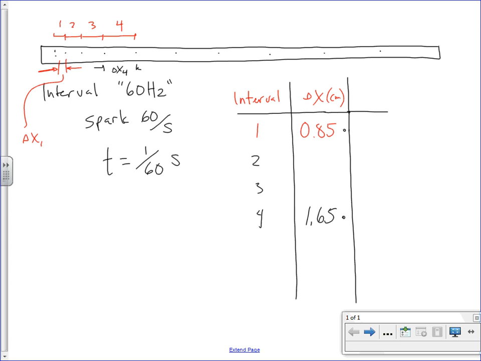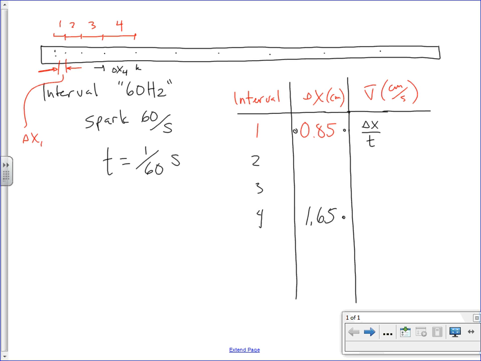Now, for this one, what we also want to calculate is V average, in this case in centimeters per second, for each interval. Okay? So again, that's just going to be a calculation, and don't write this in your table, but you can do this: delta x over t. Here's our delta x, and again, the t is 1/60th of a second. Okay? So let's see.